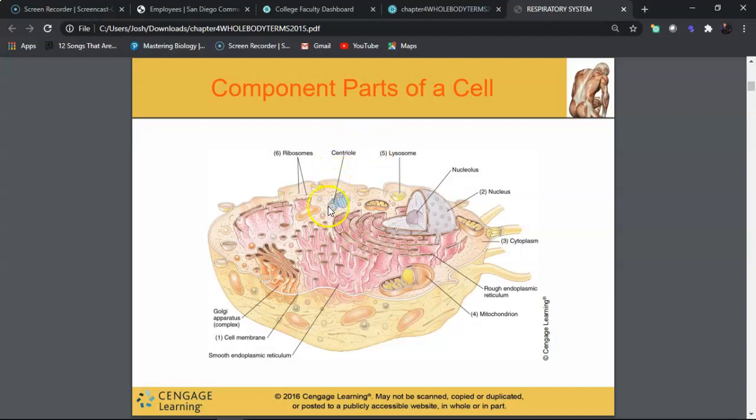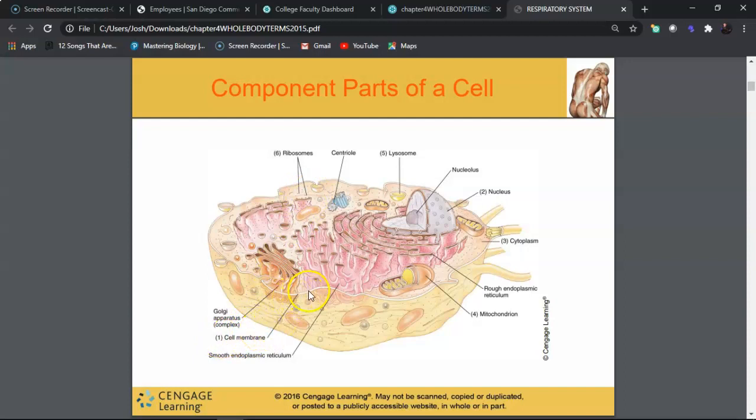Centrioles look like little asterisks, and they help during cellular replication. We actually form two daughter cells from one mother cell. Ribosomes are very small structures. They look like little polka dots within this gel-like material, which is called cytoplasm, and they are the producers of proteins. Then if we come down over here, where number 1 is, I probably should have started with 1.